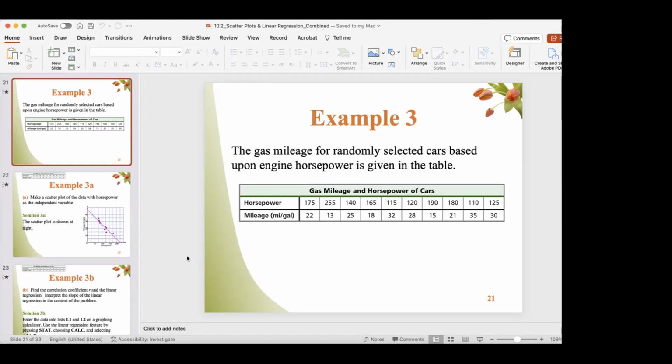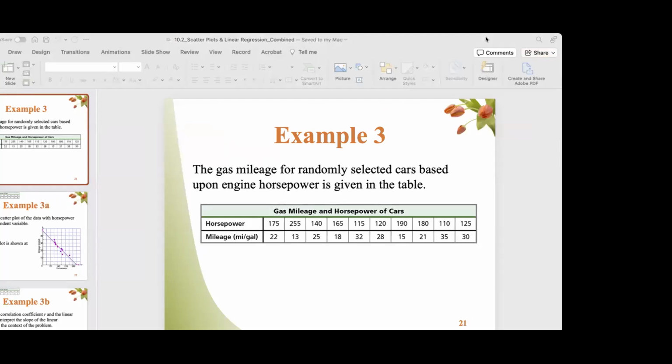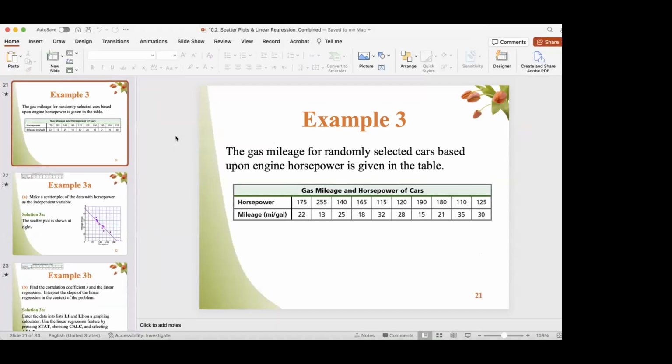Okay. There is another example that I'm going to do for you. Let me take a screenshot of this table. It says the gas mileage for a randomly selected car based upon engine horsepower is given in the following table.